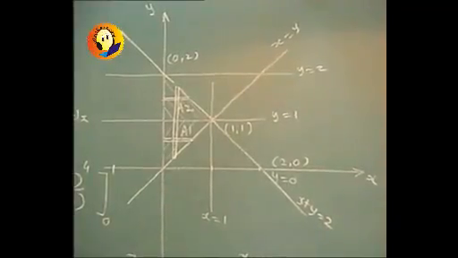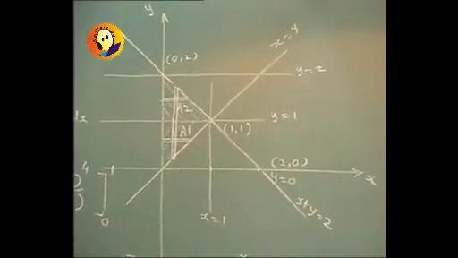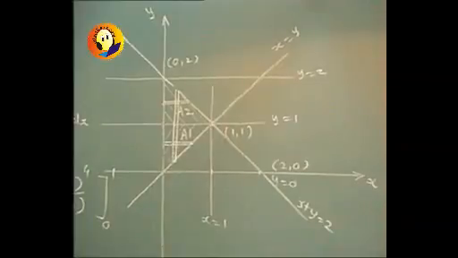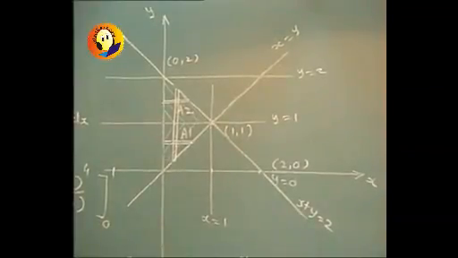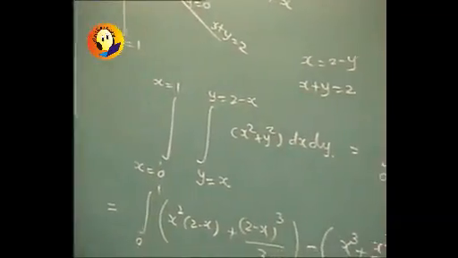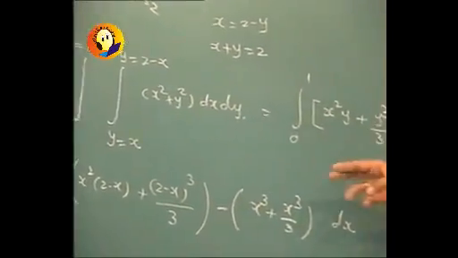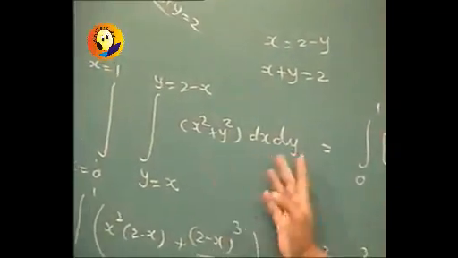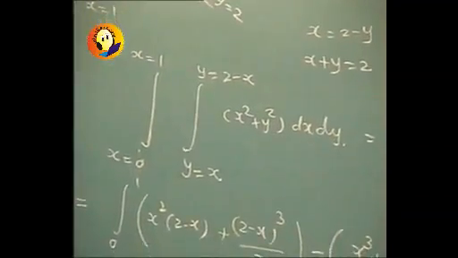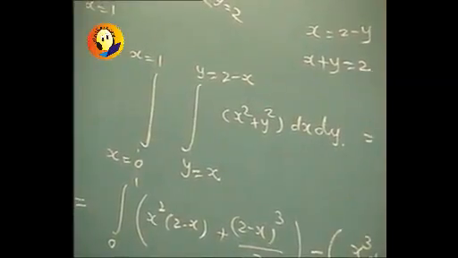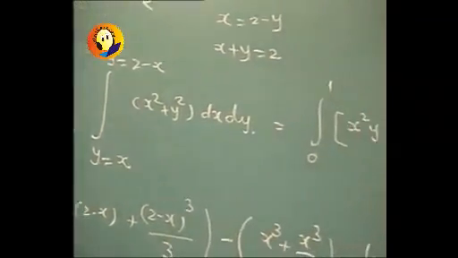We had changed the order and we get a unique type of strip starting from the line x equal to y to x plus y equal to 2, and so from there we get the limits of integration. As y equal to x to y equal to 2 minus x, x equal to 0 to 1, and then we follow the integration procedure.